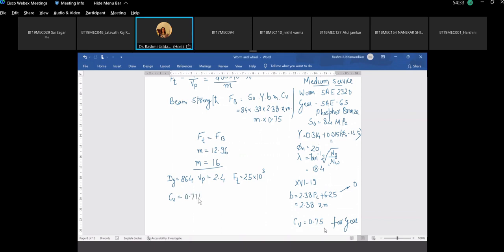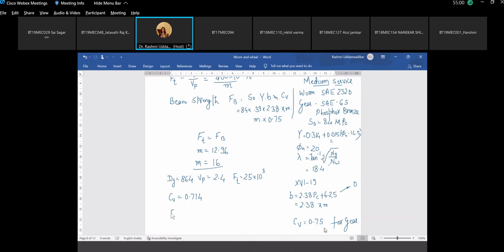An assumed value was 0.75. Actual value is 0.714. Now we have to get the value for FD. The incremental load for FD, for the worm and worm wheel, is not defined.